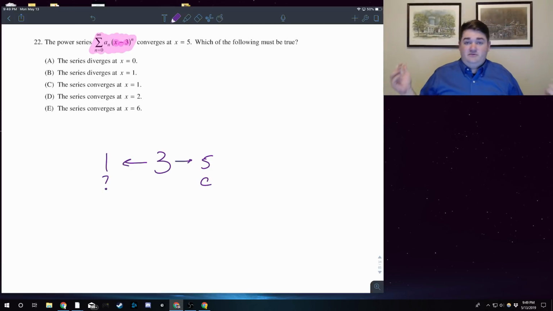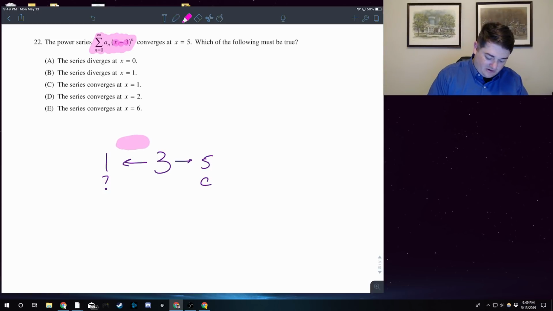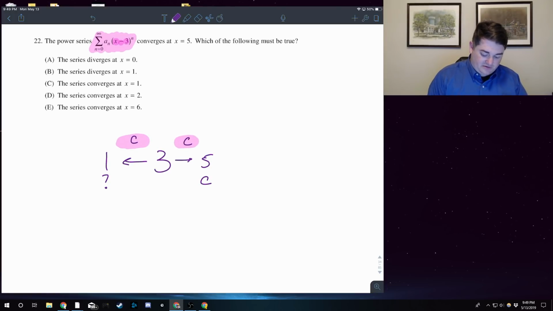I don't know, because 5 could be an endpoint. And if it's an endpoint, then 1 would be an endpoint. So what I do know is that anything between 1 and 3 has to converge. So any number in this range right here, or this range right here, has to converge. Answer choice A, the series diverges at 0.